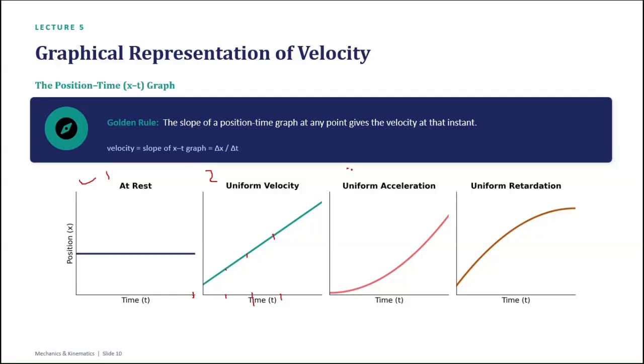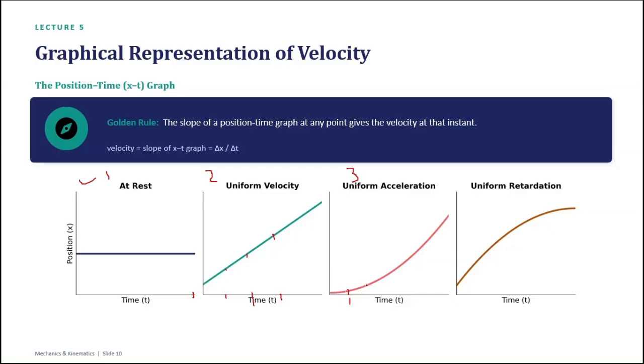Now what is happening in the third graph? The time is moving, but initially, in the first second, the object covered almost zero distance. There is no change in the y direction. The object was almost at rest, or at very low velocity.